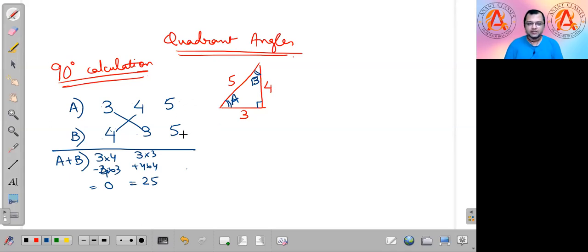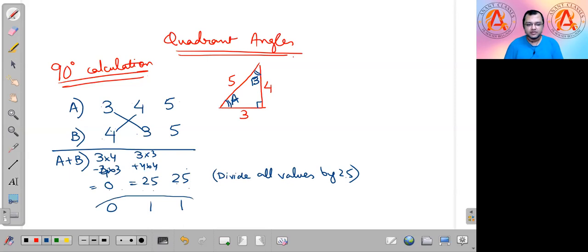And then what do we get here? 5 into 5, 25. Now 0, 25, 25. Suppose I divide all values by 25. So 0 by 25 will be 0, 25 by 25 will give me 1, and 25 by 25 will give me 1. 0, 1, 1.